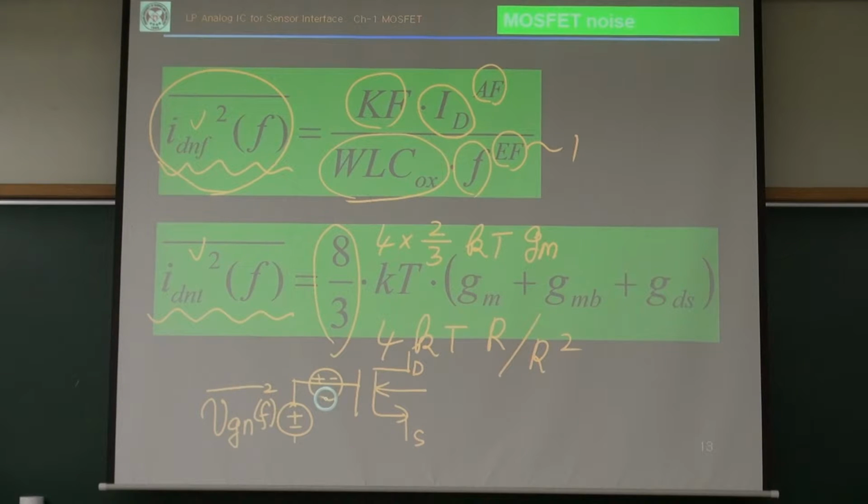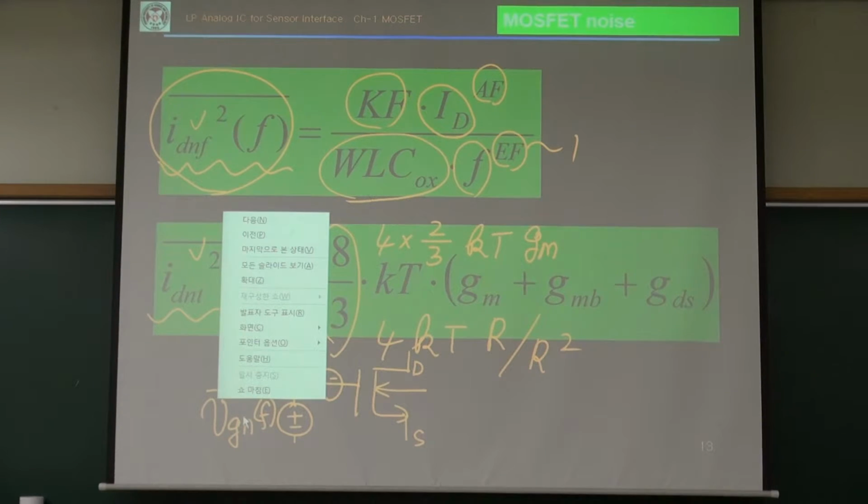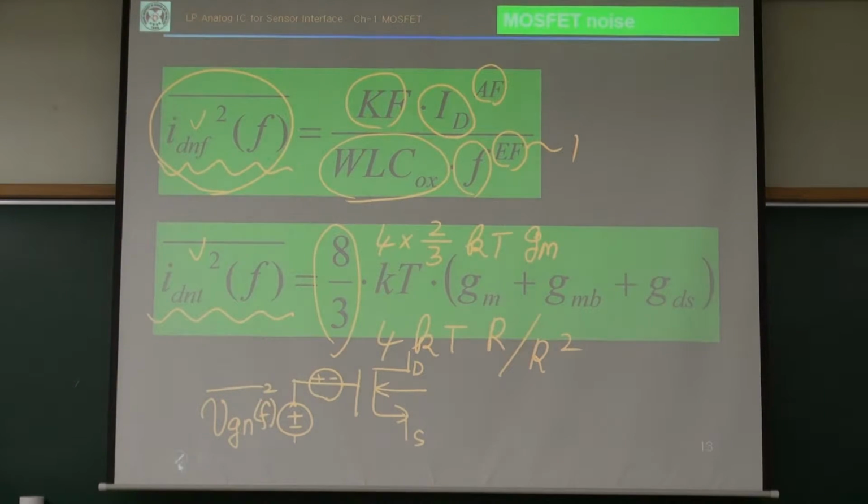Then this gate noise voltage squared is the sum of those two divided by GM squared.